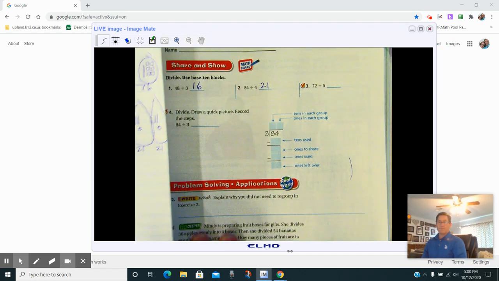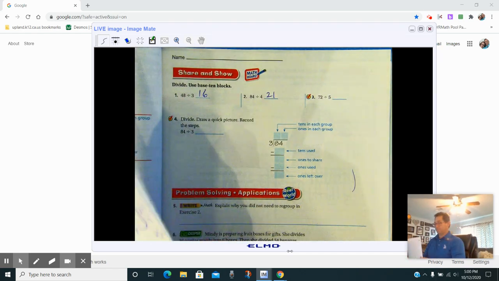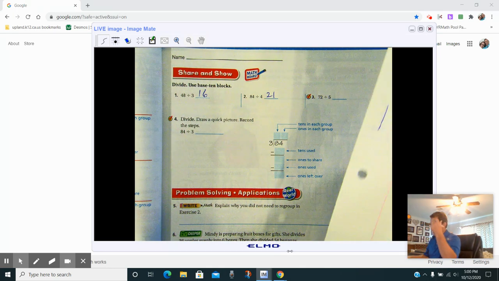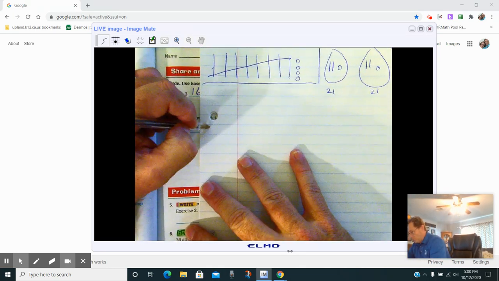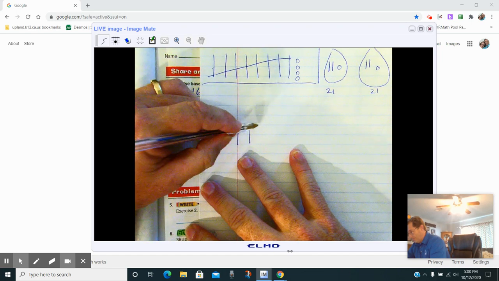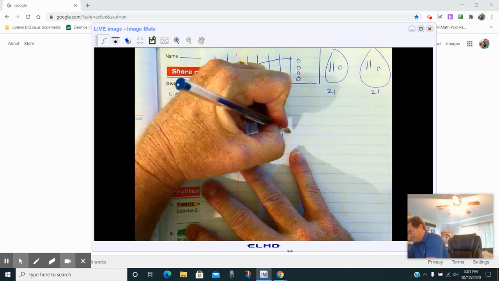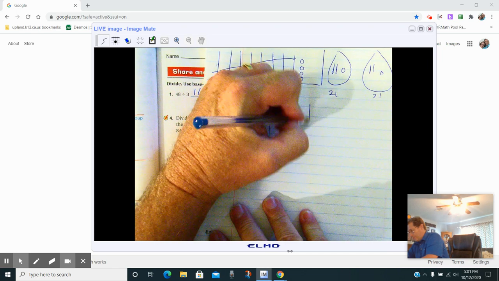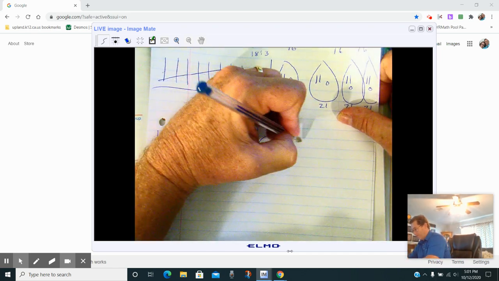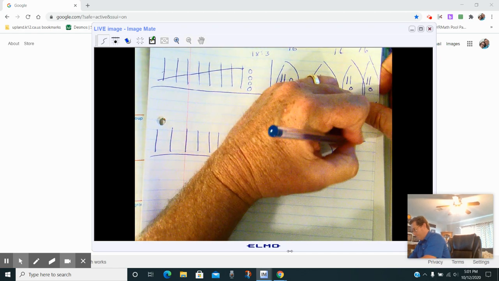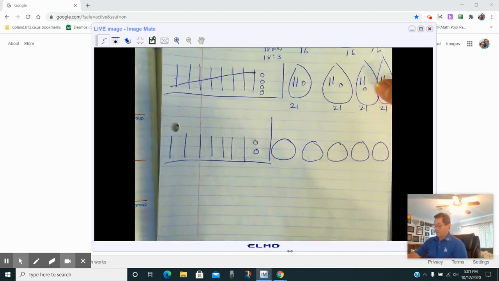And number 3, 72 divided by 5. So 72, 1, 2, 3, 4, 5, 6, 7 10s, and 2 1s. And we have 5 groups we need to share with. 1, 2, 3, 4, 5. All right, well, let's put 2, 4, 6, 7.